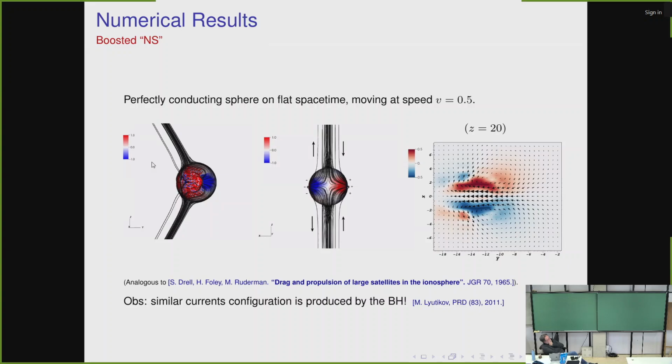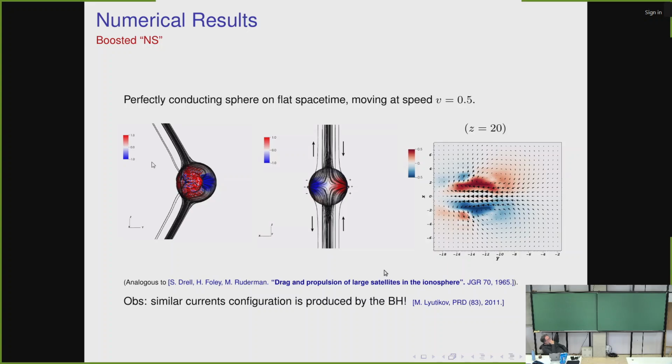Then we also considered a different scenario where a neutron star is moving across a uniform exterior magnetic field. This is relevant, for instance, when you have an accretion disk and a neutron star moving relative to this exterior magnetic field anchored on the accretion disk.